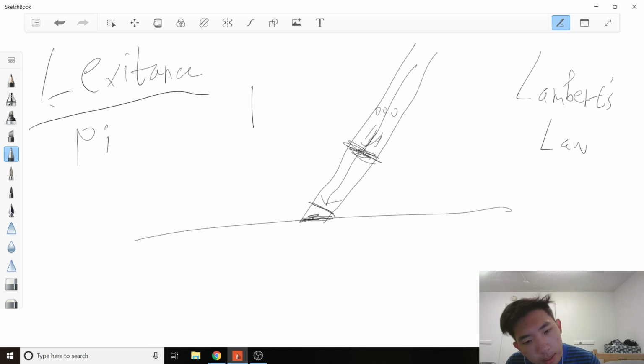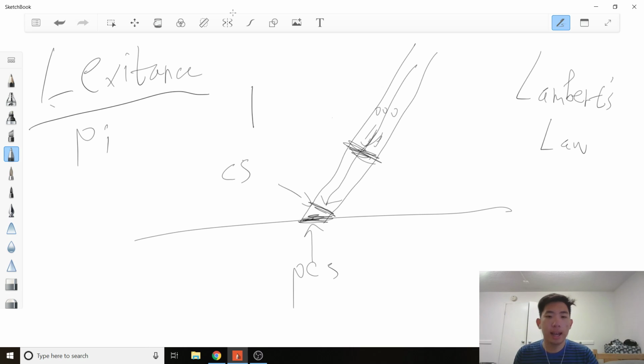Watch out, this is the cross section, CS, and this is the projected cross section, PCS. PCS is going to be bigger in this case than CS, and as the light ray goes even more at a glancing angle, you can see that PCS is a huge difference.